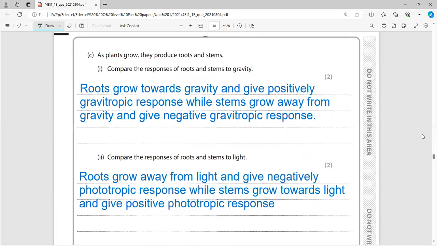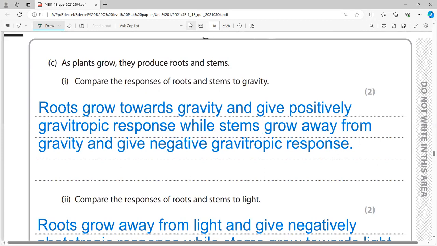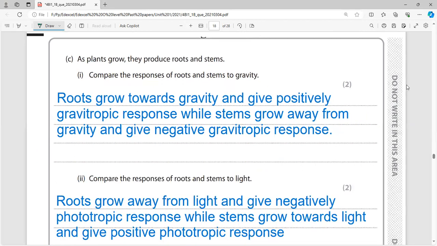We're going to proceed to the next question here. As the plant grows, it produces root and stem. Compare the responses of root and stem to gravity. So basically here, the examiner is asking about geotropism or gravitropic movement.